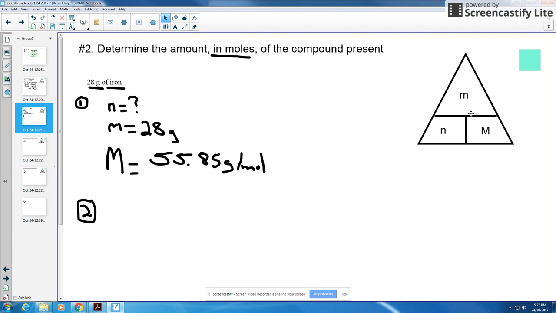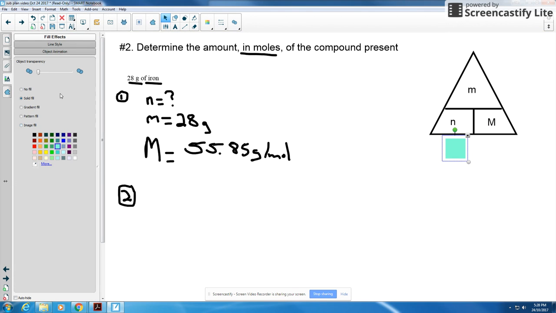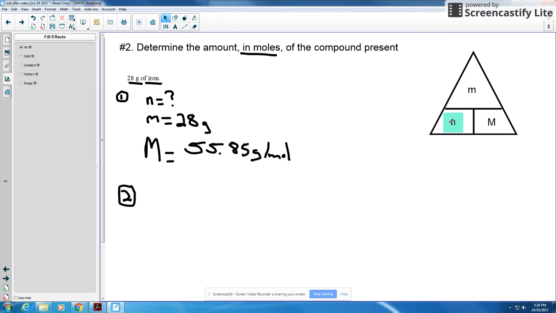So if you have a 3-variable formula, you can take the value you don't know, which is moles in this case, and you can use a little square to cover it. Sorry, guys, this was meant to cover it. I'm not stopping the video and redoing all this, though, so just pretend this is covered.